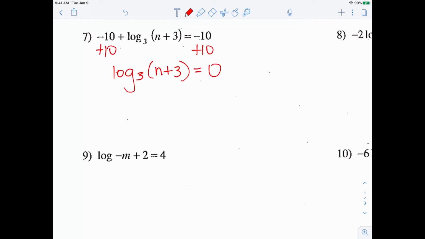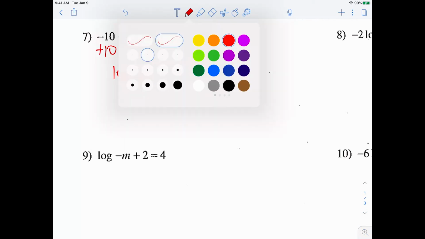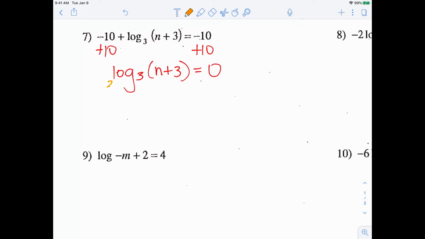Then because it's a logarithmic equation, we have to use exponential form to solve, and we want to make sure we use the same base. So since I have a log base 3, I'm going to use an exponential base of 3. So I apply an exponential base of 3 on both sides. So I make it 3 to the log base 3 of n plus 3 equals 3 to the 0.